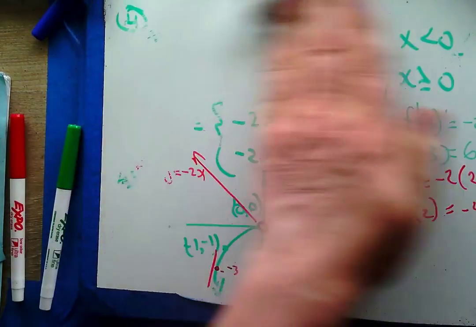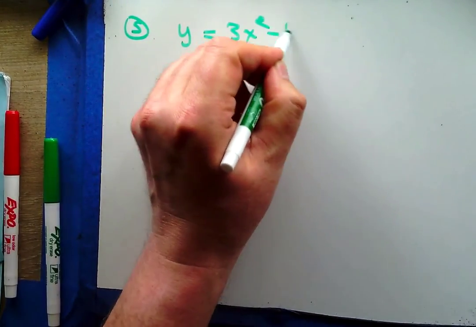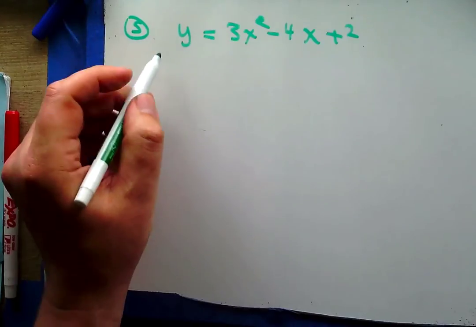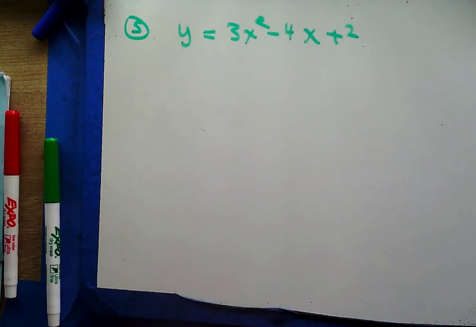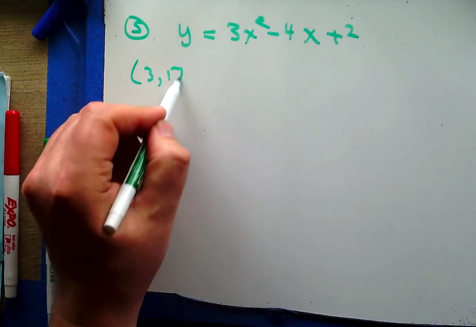Alright. 5. Given y equals this parabola, find the equation of the normal at (3, 17). Okay. So, this is number 5. y equals 3x squared minus 4x plus 2. Well, we need a point and we need a slope. The ordered pair was given to us as (3, 17).